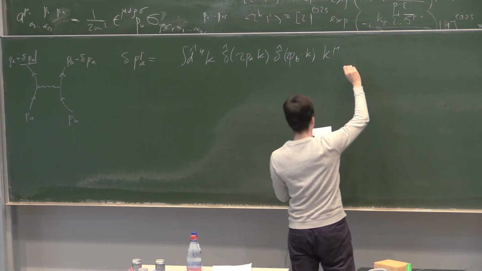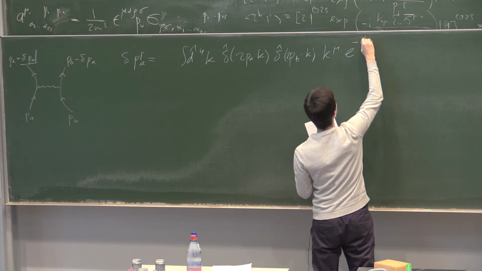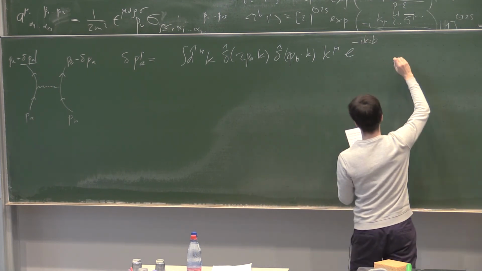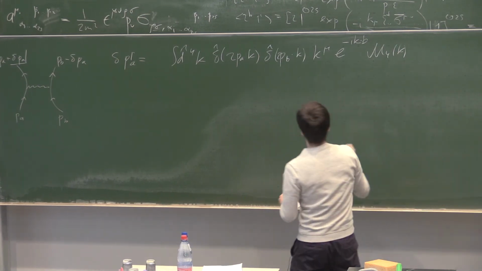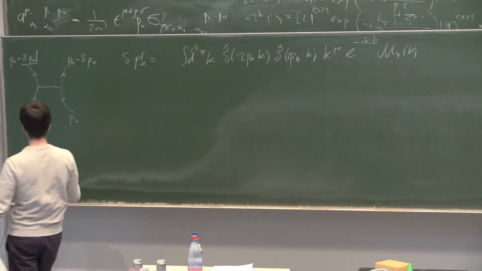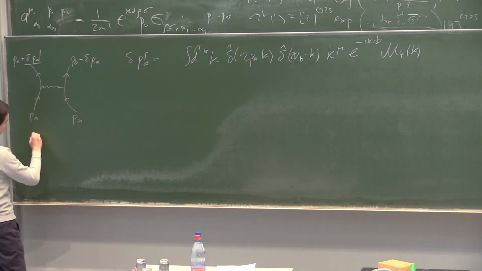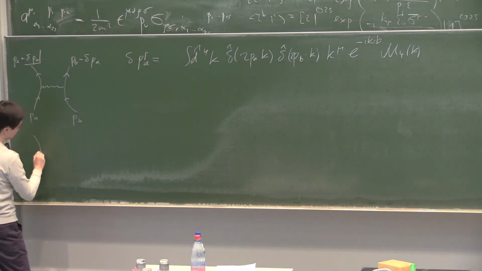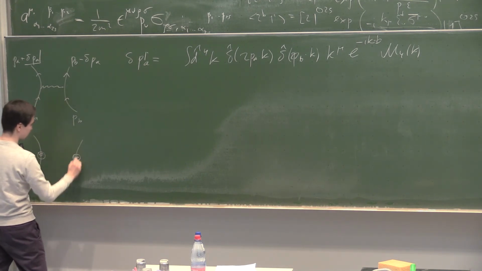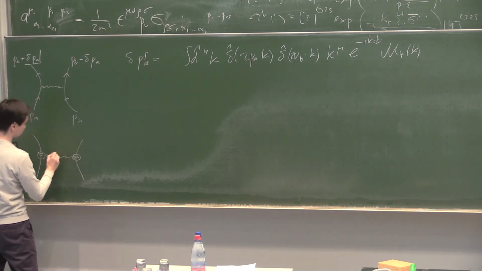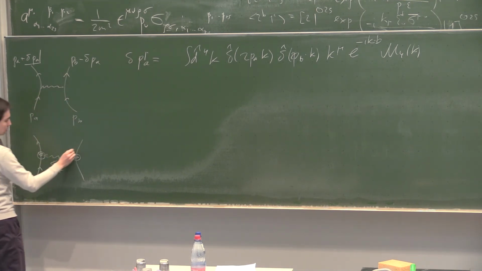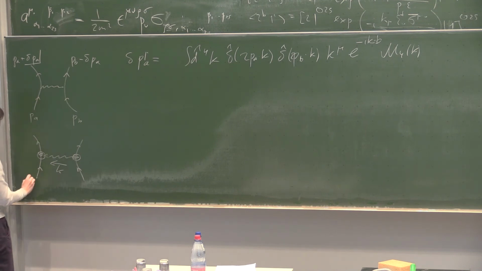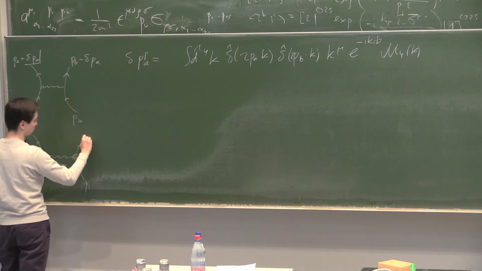K mu. And now this amplitude here corresponds to kinematics that I will be drawing using slightly different rules. So now I will be saying that this is P1, P2, P3, and P4.